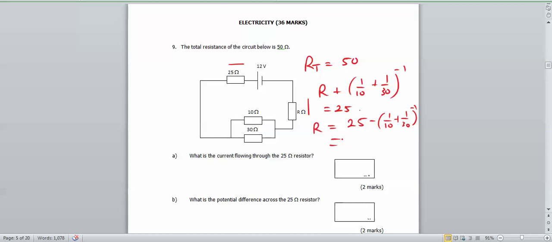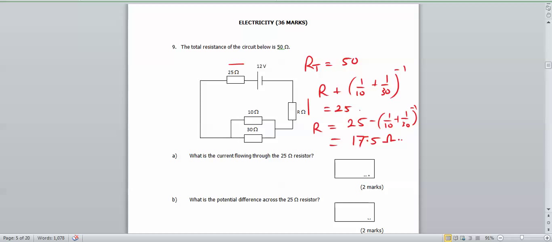Let's do that. 25 take away 10 over 30. 17.5 ohms I've got here. 17.5 ohms. 1 over 10, 1 over 30, to the power negative 1 is 7.5, so 25 minus 7.5. Yeah, that's right. So 17.5 ohms.